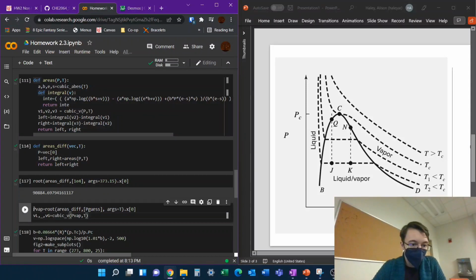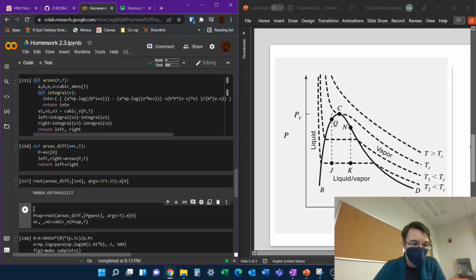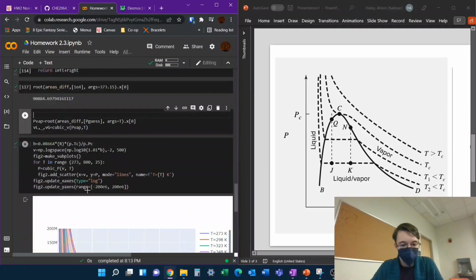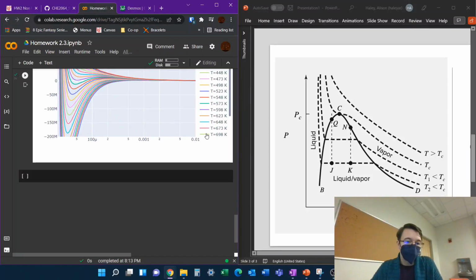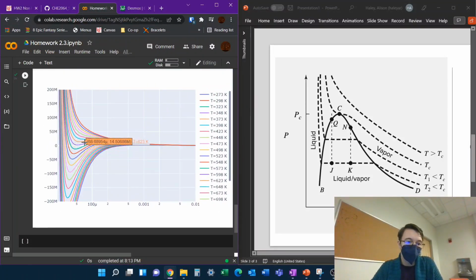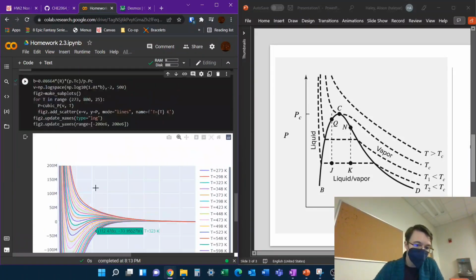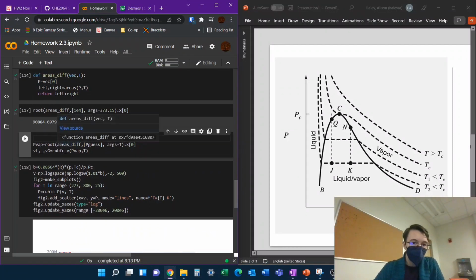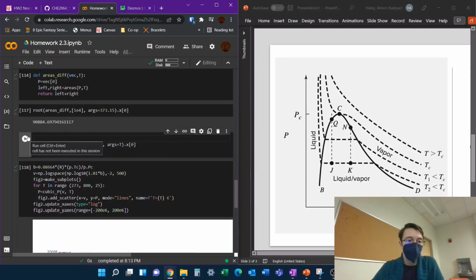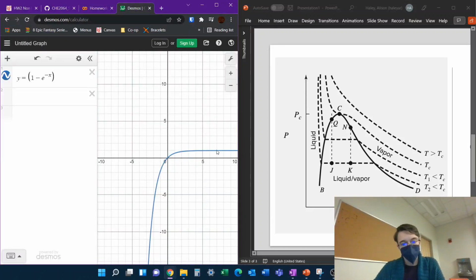Alright, so then we're going to want to look at the temperatures. The thing about the temperatures is we're not going to want linearly spaced temperatures, because we've got a logarithmic scale plot, and so we'll end up with a gap in the middle of our curve. One way we can fix it is to model our temperatures instead of linearly spaced, spaced like a 1 minus e to the negative x plot.